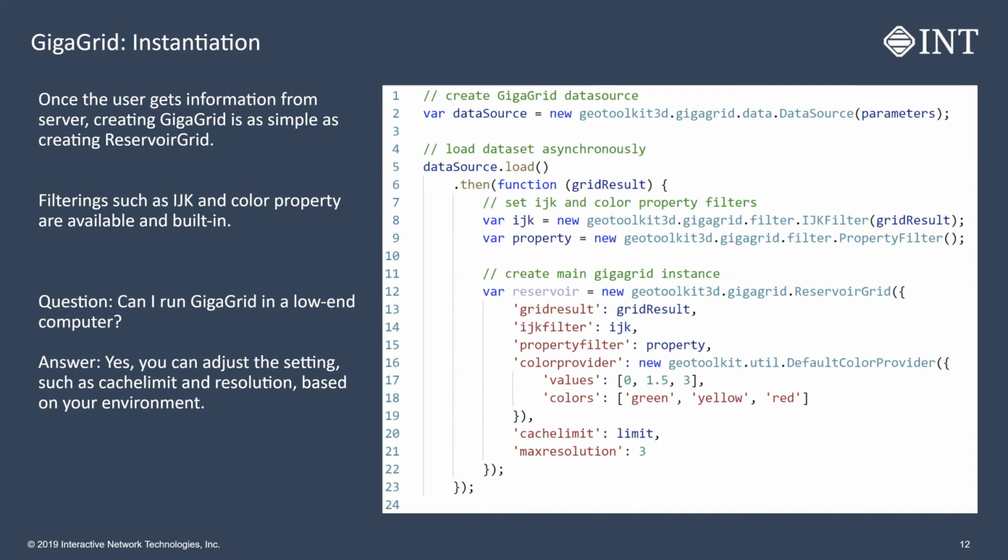In case you don't have good internet, you can change the setting here, so it will only render up to 30 resolution. So if you have a low-end computer, you can still use GigaGrid, and you don't have to worry about the memory you have or the GPU you have, and other stuff like color provider and data is just the same as the regular reservoir.